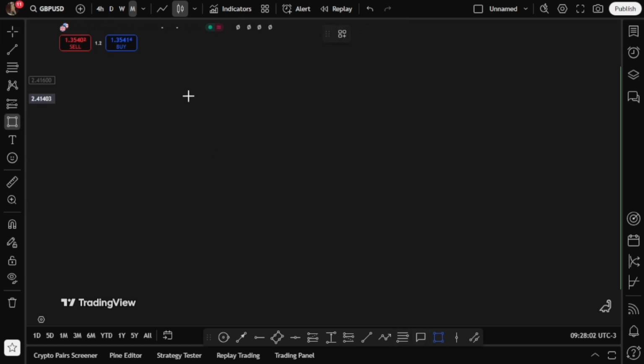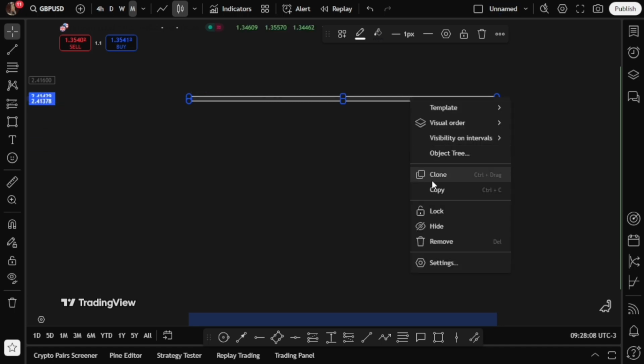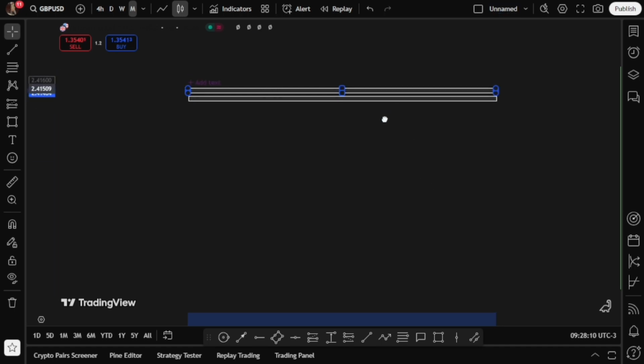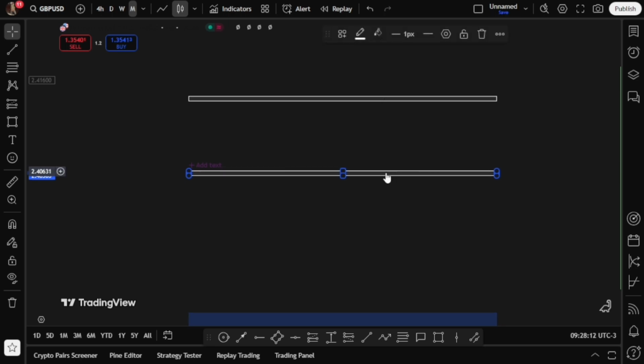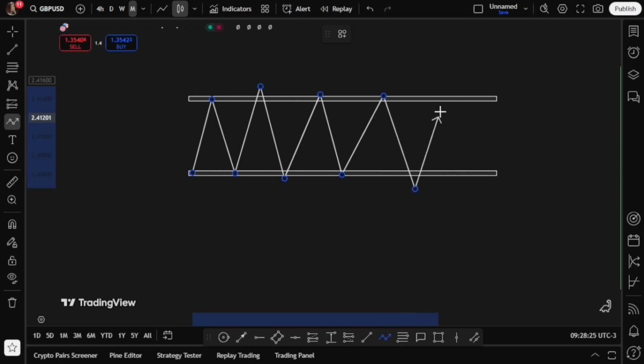Now a sideways trend is just basically price moving up, down, up, down, in between two zones before a break, a retest, and a new trend is formed.